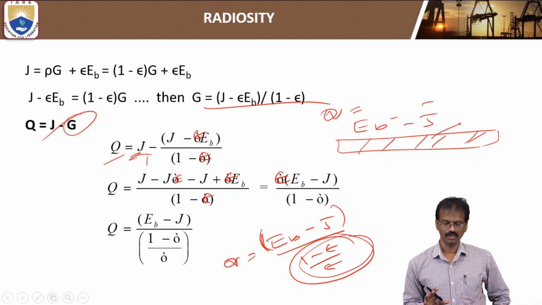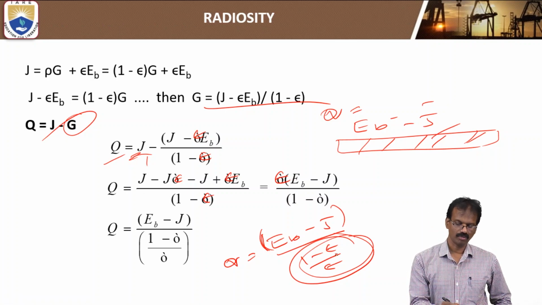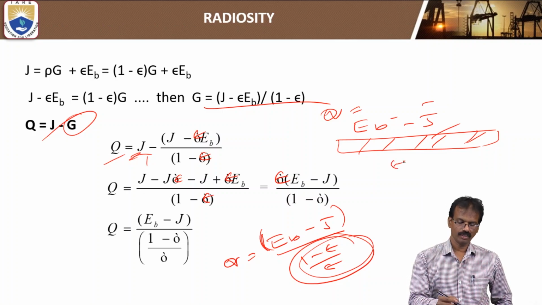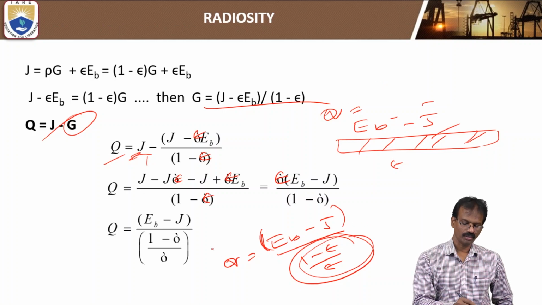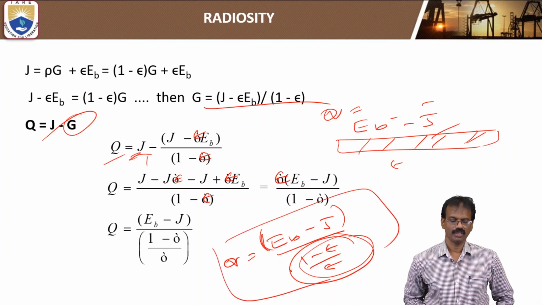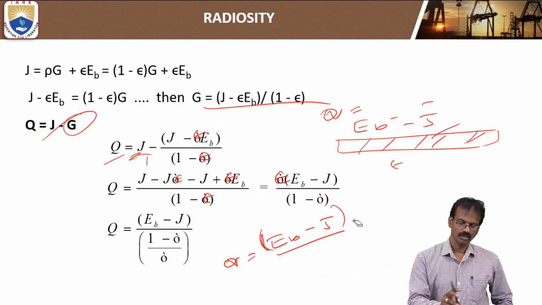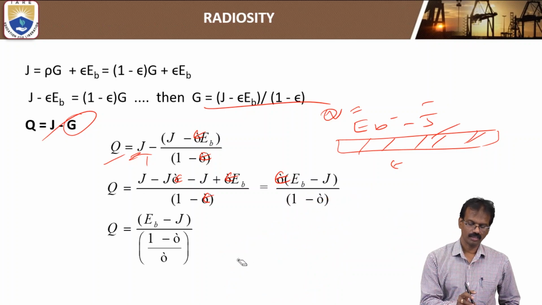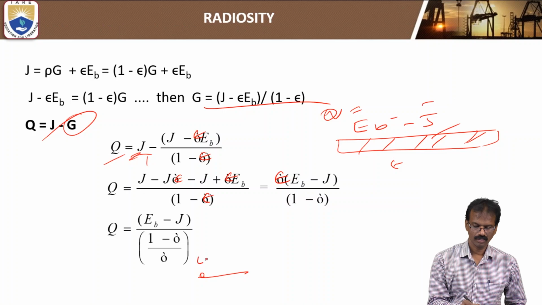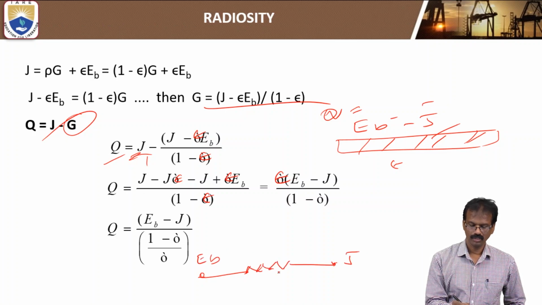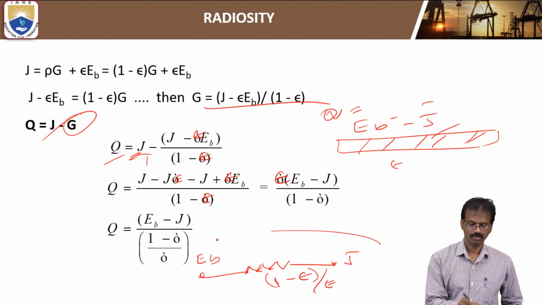Every surface has a particular resistance, called (1 minus epsilon) by epsilon, where epsilon is the emissivity. If you write the electrical analog, you can see EB, the thermal resistance (1 minus epsilon) by epsilon, and J.